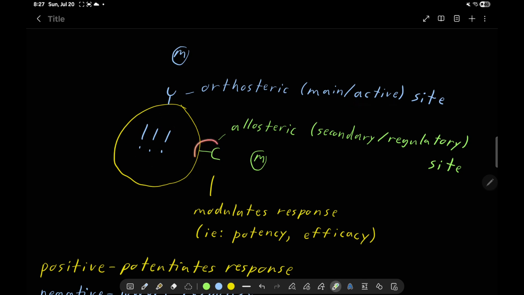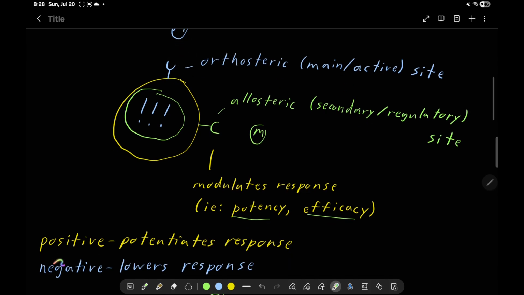Allosteric sites, on the other hand, are more so secondary or regulatory sites, where allosteric modulators can bind in order to regulate or modify the responses produced by your agonists that are binding to your orthosteric receptors. So they can maybe alter the potency or the efficacy of the response produced by your agonist that binds to your orthosteric sites.